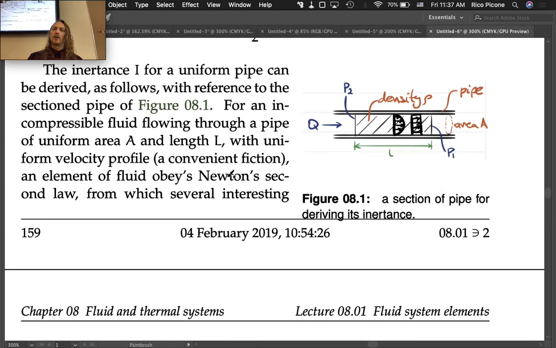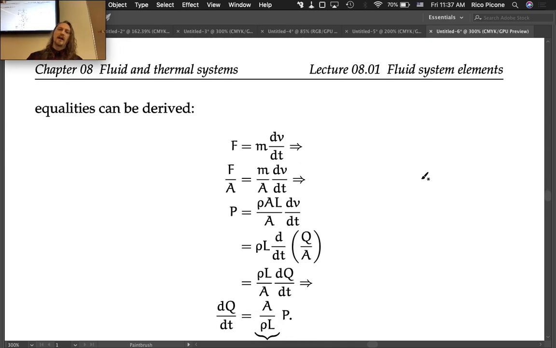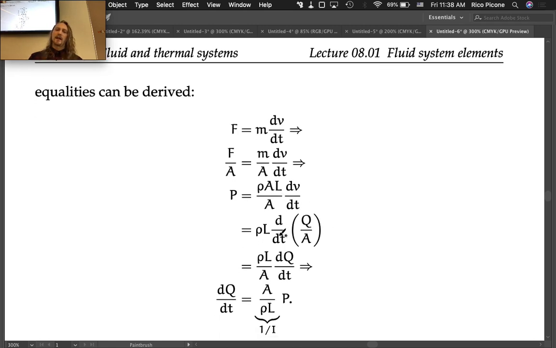If we looked at the whole element as a particle of mass, we could have a force on it and a velocity. But once you break that down into a fluid, you go per cross-sectional area, and you get the pressure. The pressure drop across is equal to m over A. M here is the fluid density times the volume of the fluid, which is the cross-sectional area times the length. The cross-sectional areas cancel.